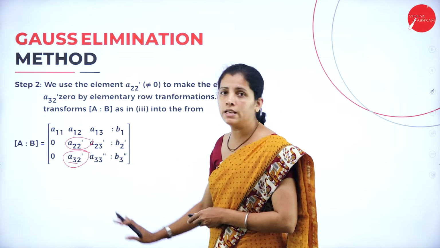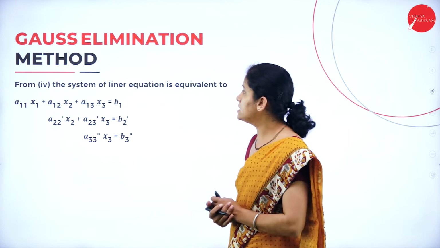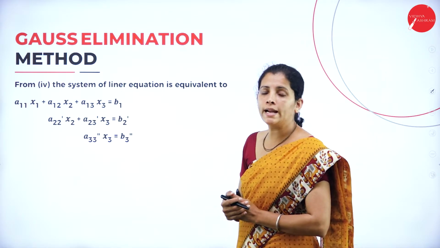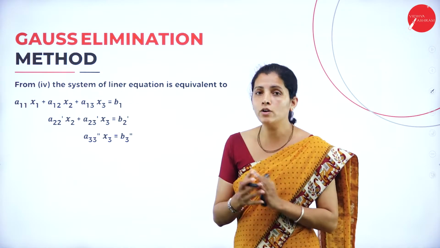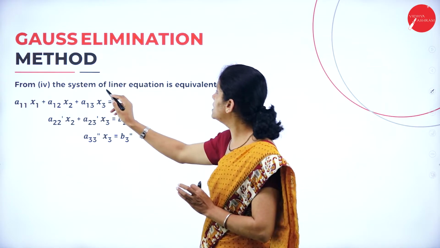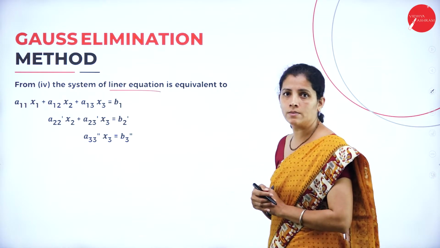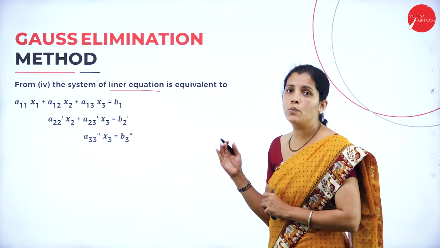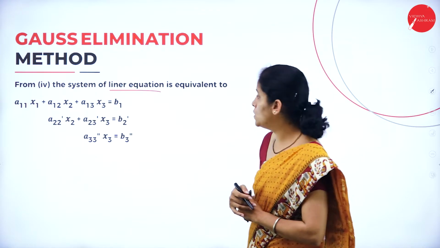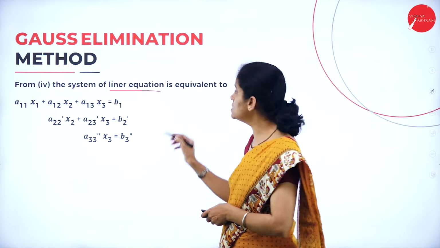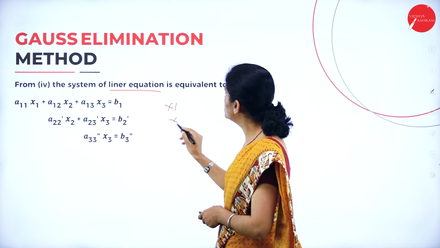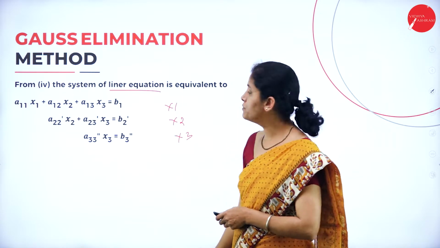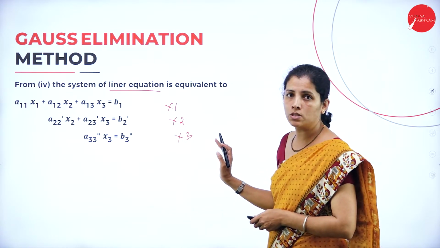After reducing the matrix, I'm going to write the equations, that is nothing but the linear equations. And now I just want to find the values of the three unknowns. What are the three unknowns? X1, X2 and X3. Okay, I just want to find the values for these three unknowns.